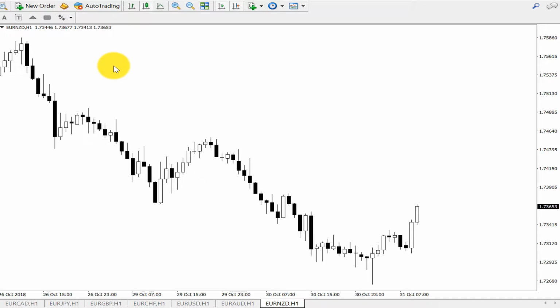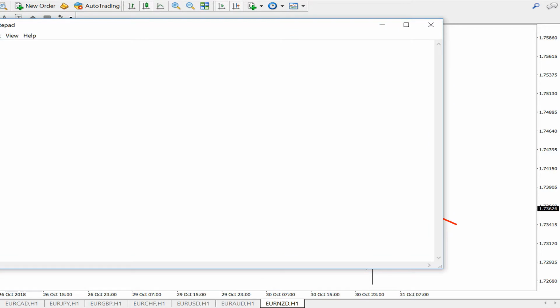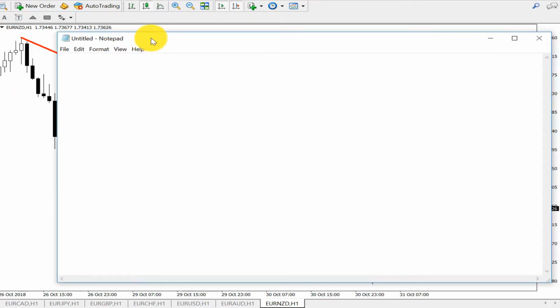This is Euro New Zealand, and this pair is also in downtrend. So now we will write down our summary.